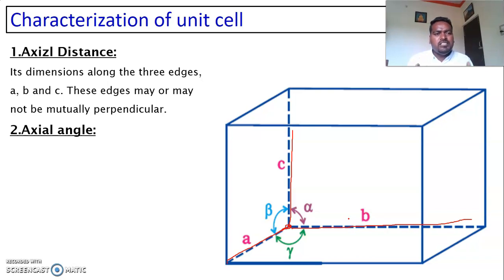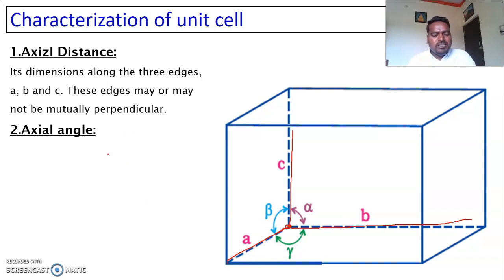That is, each unit cell of different atoms or molecules possesses a unique axial distance along x, y, z directions. That's why we use axial distance as a parameter to know the properties of a unit cell. Second one is axial angle.